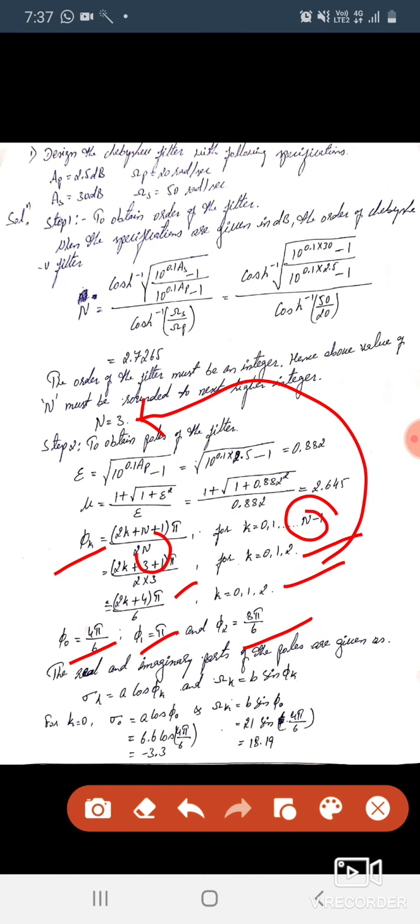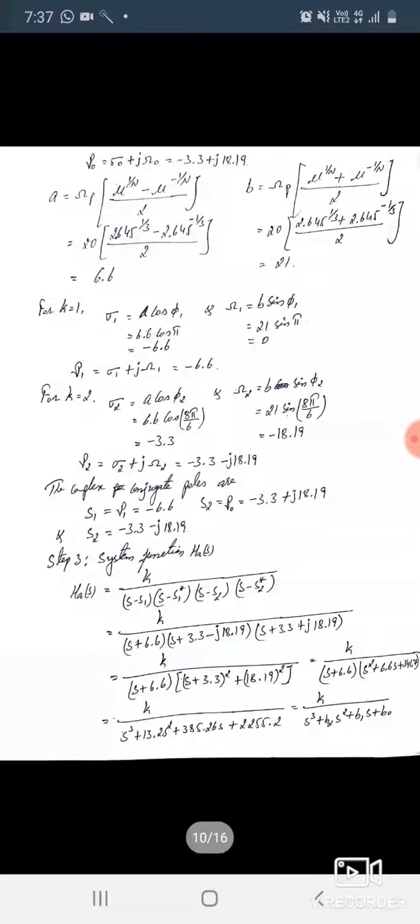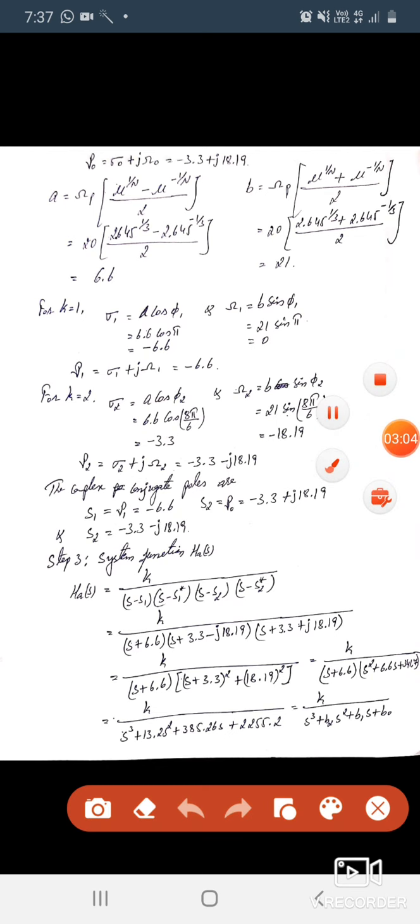Then we have to find the real and imaginary parts of the poles. First you have to calculate the coefficient values A and B. To do that, here are the equations: A is equal to omega P into (mu power 1 by n minus mu power minus 1 by n) divided by 2.